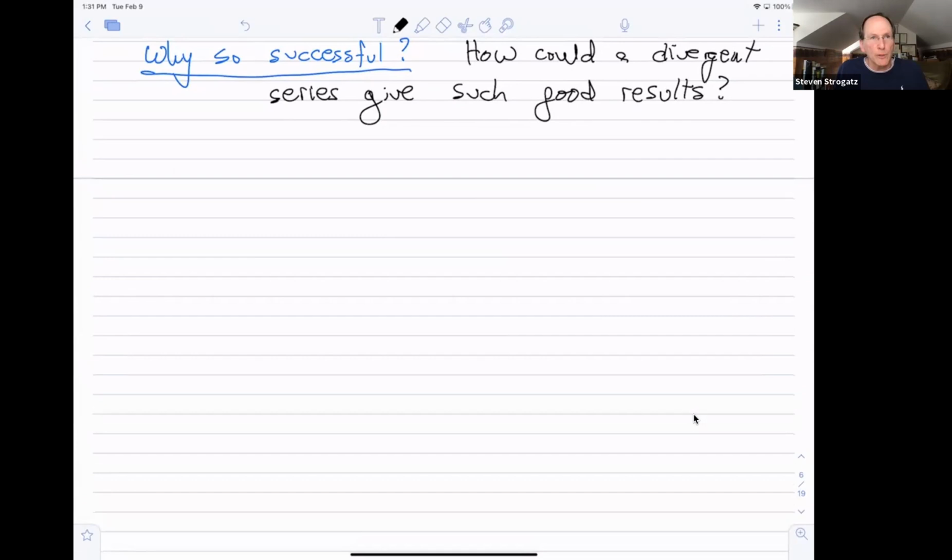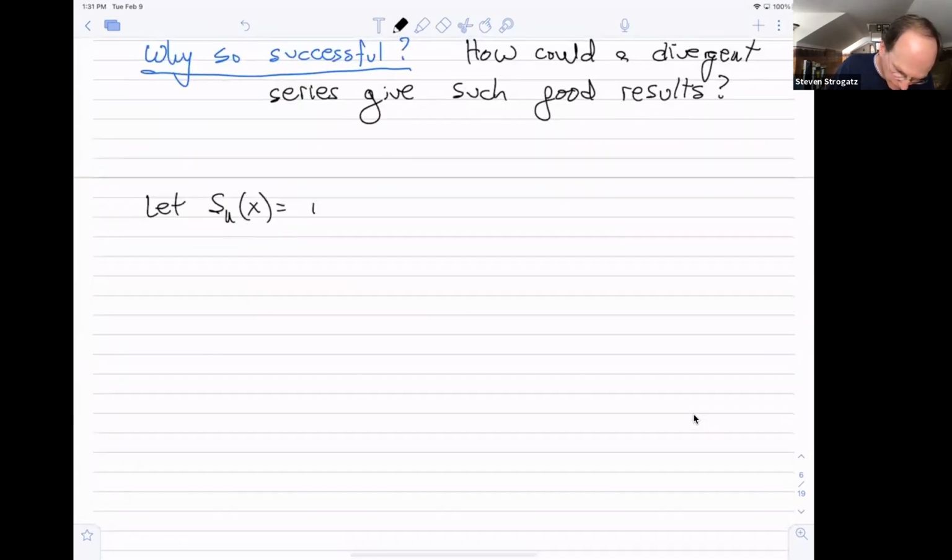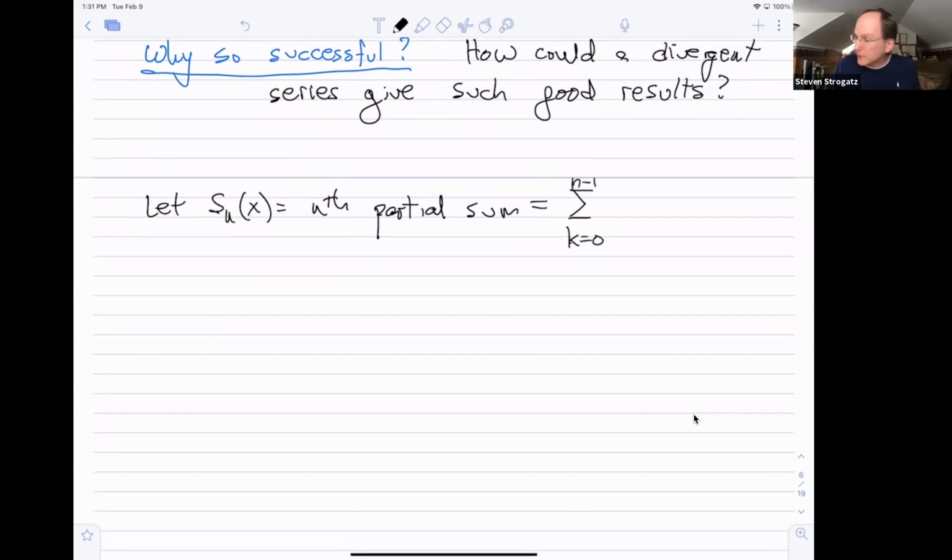Let's use the language of partial sums and remainders. Let's say Sn of x will be the nth partial sum, meaning I'm going to sum the first n terms, from k equals 0 up to n minus 1, of minus 1 to the k to take account of that alternating aspect of the series.